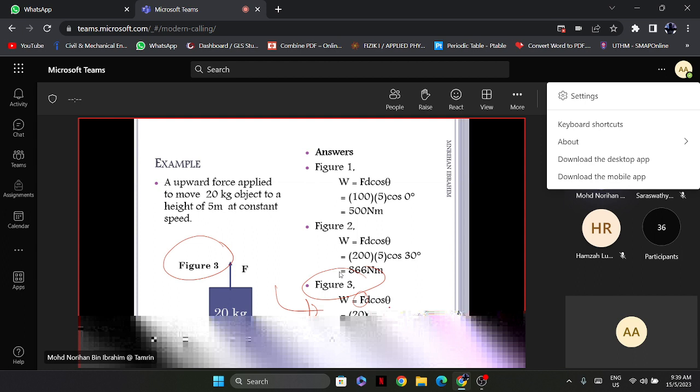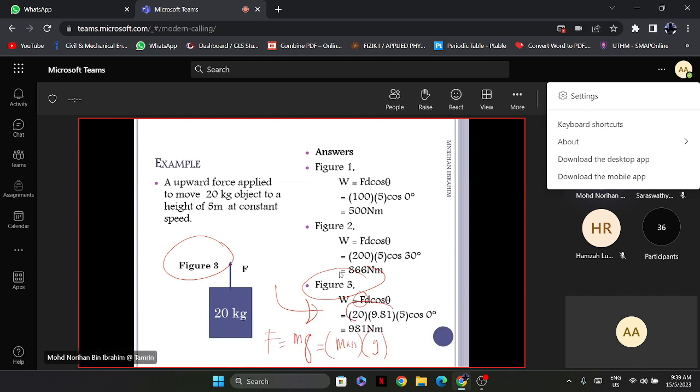So when you look at this equation, ni adalah F. 20 kali 9.81. 20 adalah mass of this crane. 9.81 adalah dia punya gravitational acceleration. Kalikan dengan distance of 5 meter.